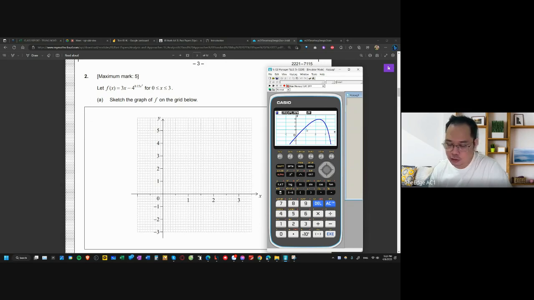Use the trace function to choose some other points, like at x equals 1, y is almost 2, and at x equals 2, y is almost 4, and then sketch the graph similar to the graph plotted by the calculator. The three most important points: maximum or minimum, turning point or inflection point, x-intercept, and y-intercept.